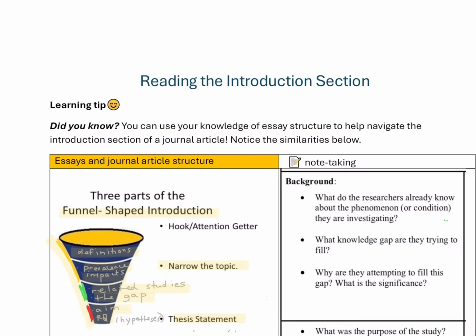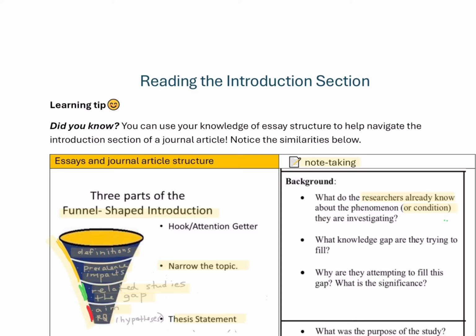So, let's compare the organization of the introduction to how you'll take your Cornell notes, what you should be looking for. So for the background, you can see that you should begin to take notes on what the researchers already know about the condition. That could be the condition definition, the prevalence.